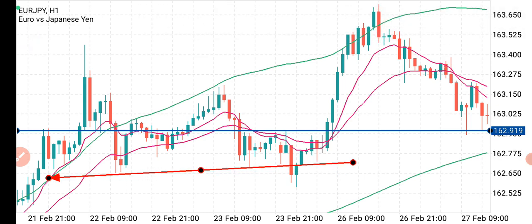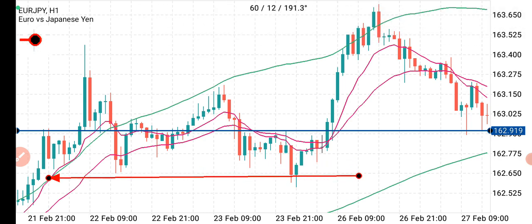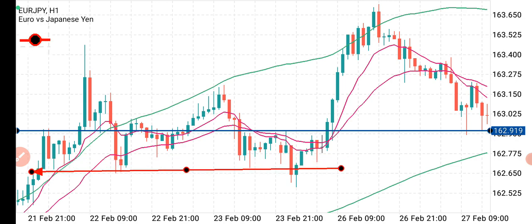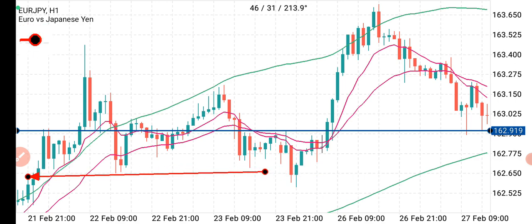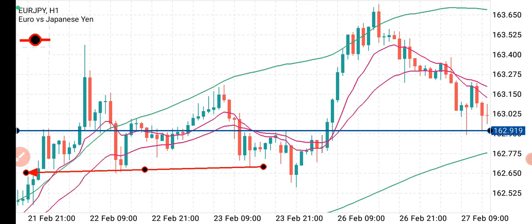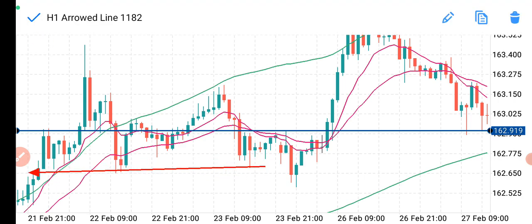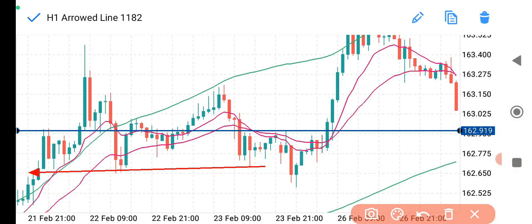Now looking at this point, you realize that this is a support and resistance zone. Let me limit it. Those two levels here, this place and this place, are a support zone.